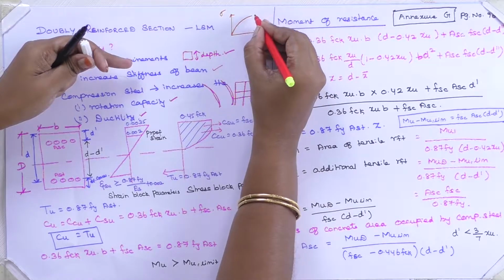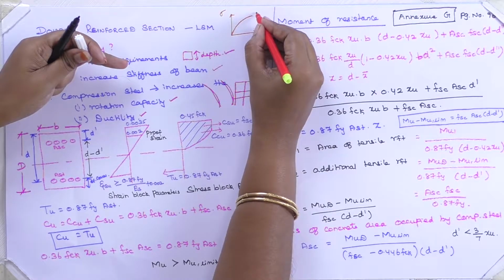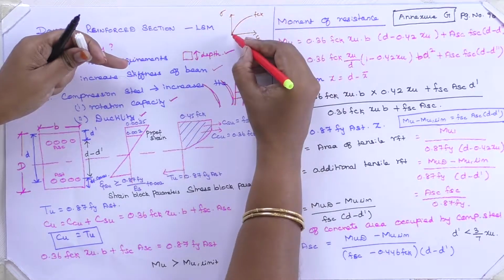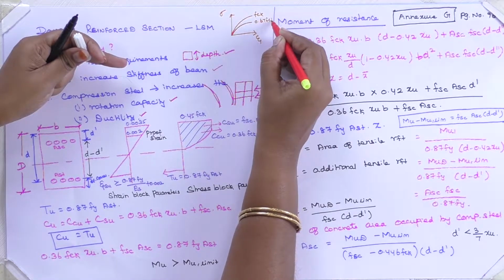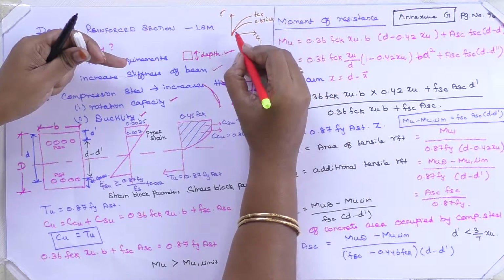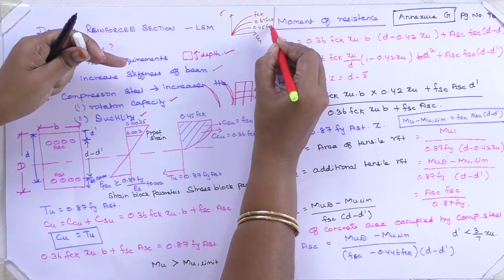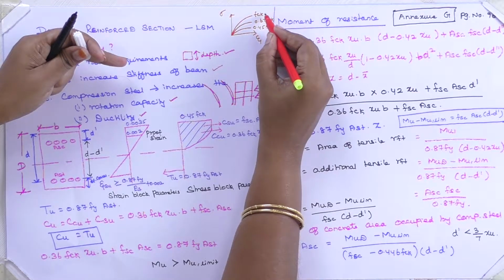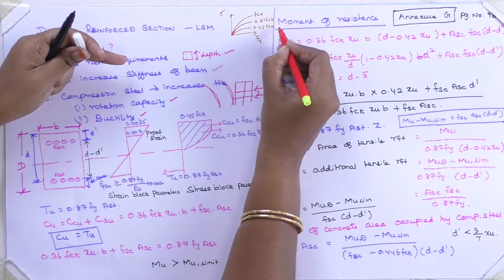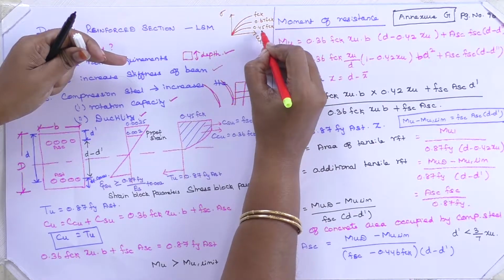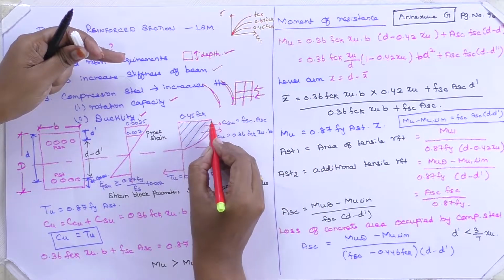When I am taking compression strength of the concrete in cubes, I will take FCK. The compressive strength of my section is 0.67 FCK. This is due to size effect of my section. For the design curve, I need to take 0.45 FCK. This is FCK divided by 1.5, I will get 0.67, divided by 1.5, I will get 0.45 FCK. This value is the maximum stress allowed for my concrete, that is 0.45 FCK.